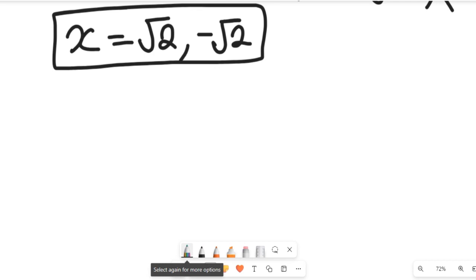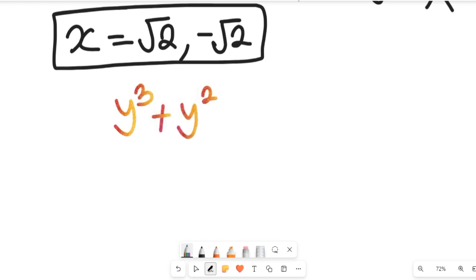The question we have is y to the power of 3 plus y squared minus 80, and this is equal to 0.